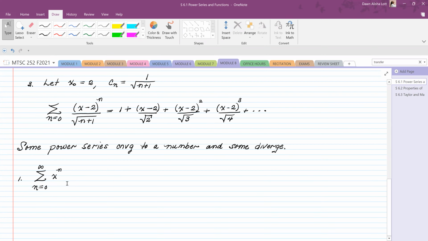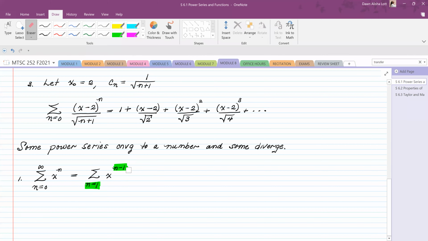Now, if you take the sum and you add 1 on the outside and subtract 1 on the inside, you end up with the same series.